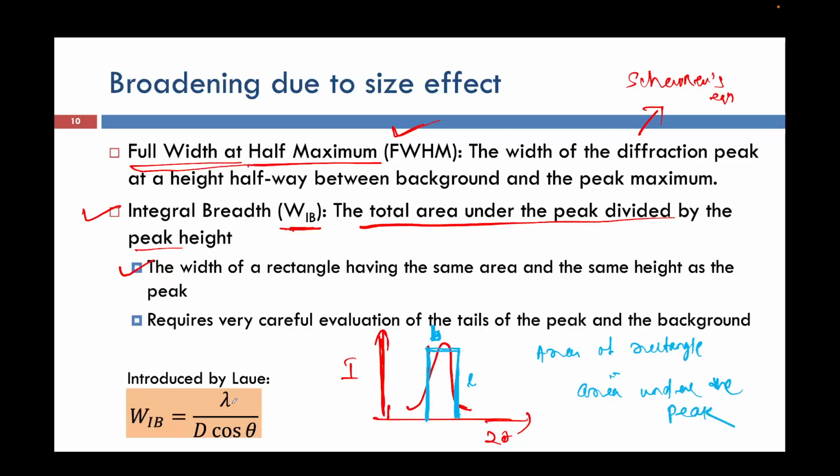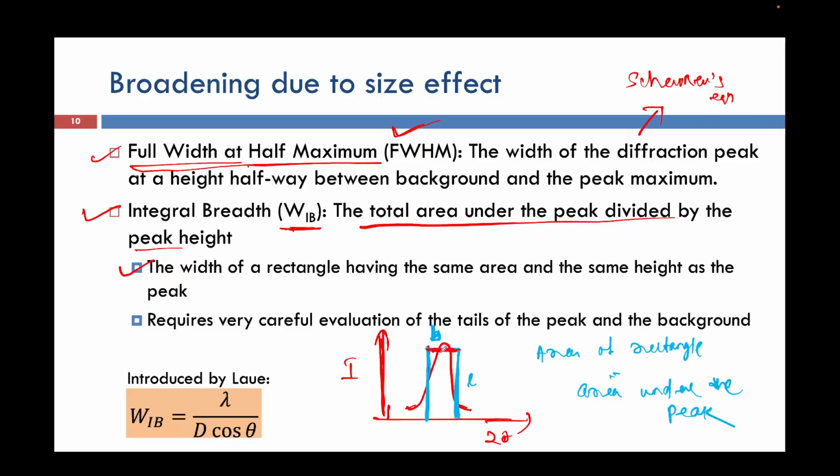Okay, they argued that this is a more accurate way than calculating simply the full width at half maximum. So if there is a rectangle whose area is equal to the area under the peak, the width of that rectangle I will take as the integral breadth.